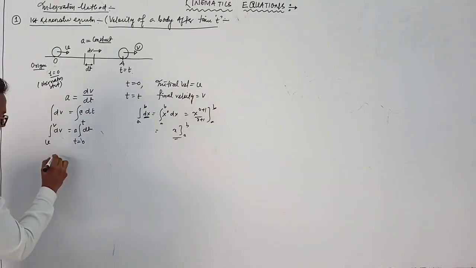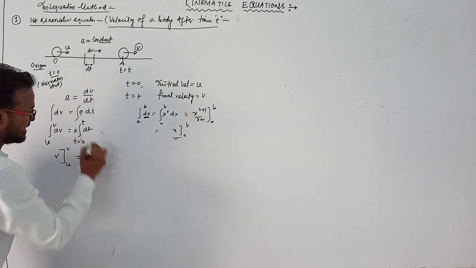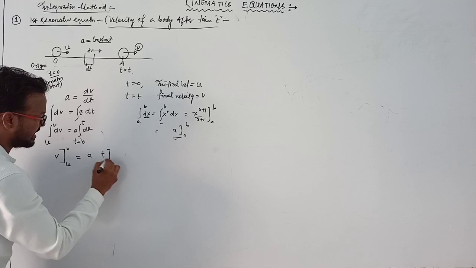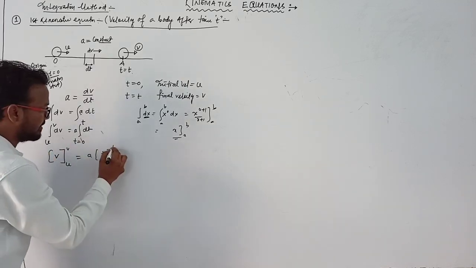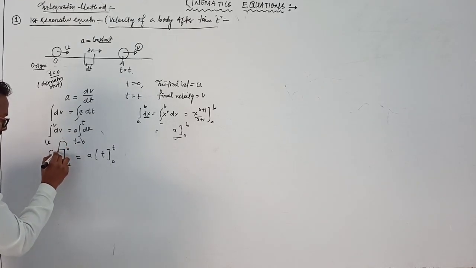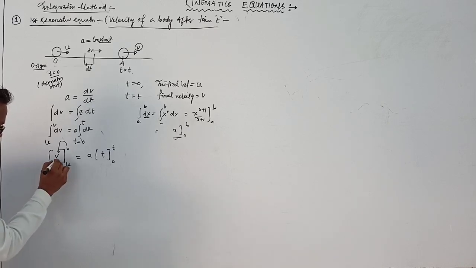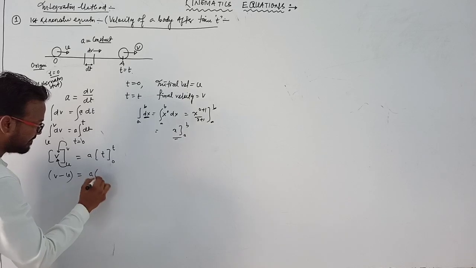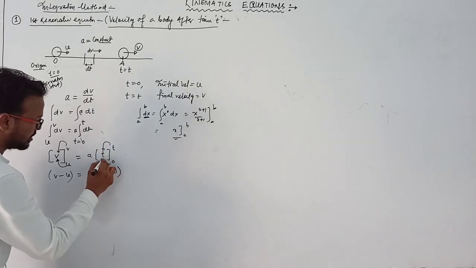Similarly, the integration of dv can be written as v with lower limit u, and v equals a dt. The integration of dt can be written as t, with lower limit 0 and upper limit t. Now use the limits. First we write v in place of v, so the answer is v. Now we use a negative sign, then we write u in place of v, minus u. Clear? And here a, then t minus 0, the lower limit.